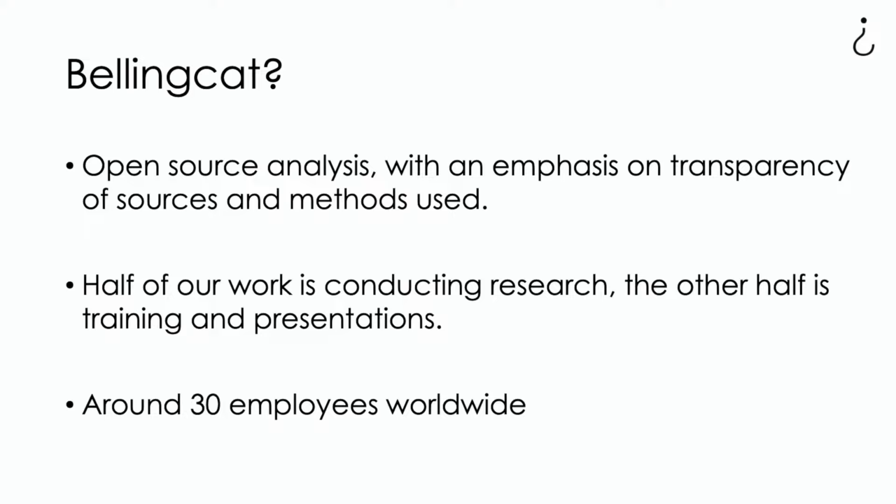So let me tell you a little bit about Bellingcat. We do open source analysis with an emphasis on transparency of sources and methods used. So if we publish a story, we'll tell you how we came to a certain conclusion, which steps we took, where we found the information, because at Bellingcat we don't really want to use the word truth, because my truth could be different than yours.